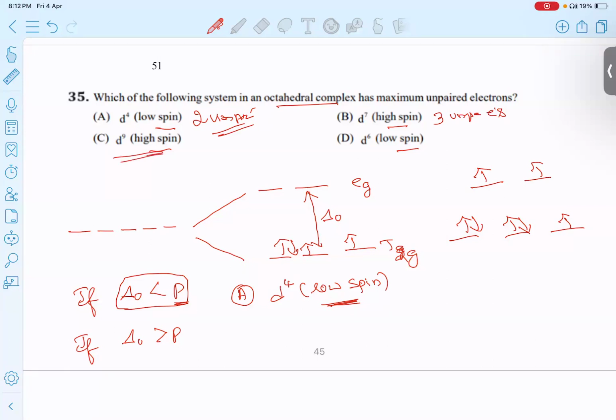For d9, whether it is low spin or high spin, there is always only one unpaired electron. For d6 configuration, low spin: 1, 2, 3, 4, 5, 6. So no unpaired electrons in the d6 configuration.